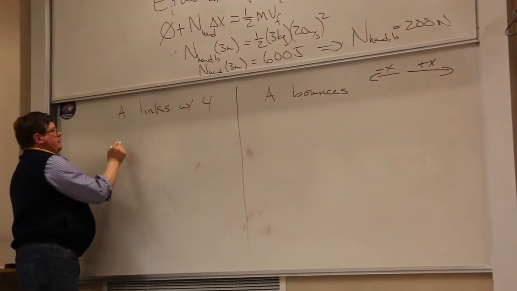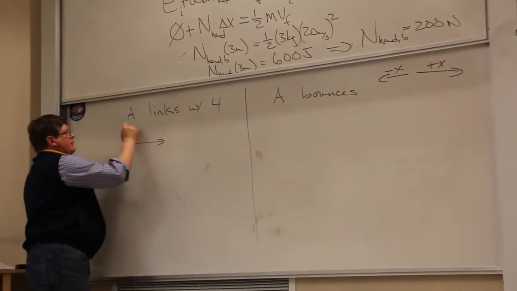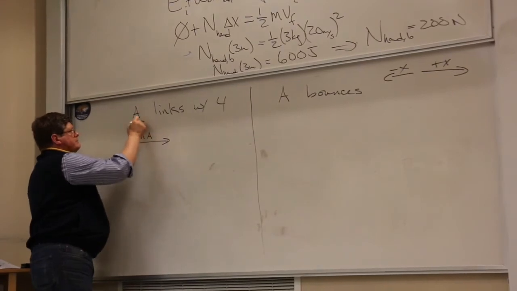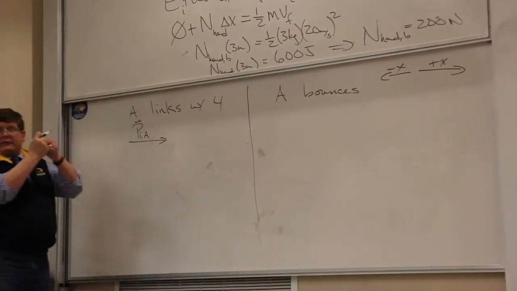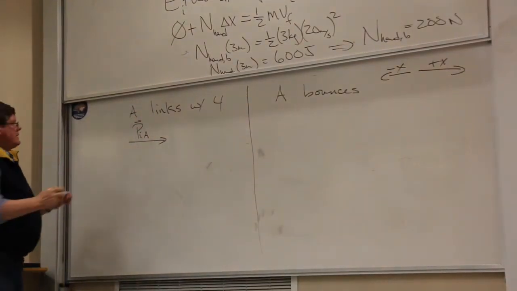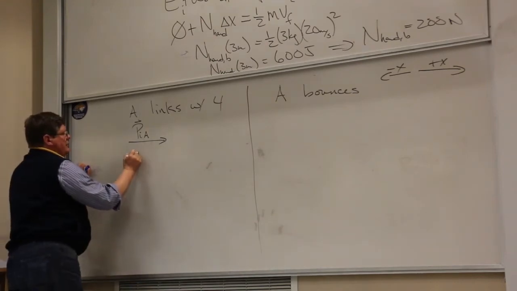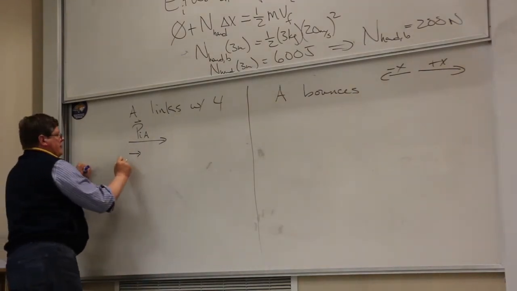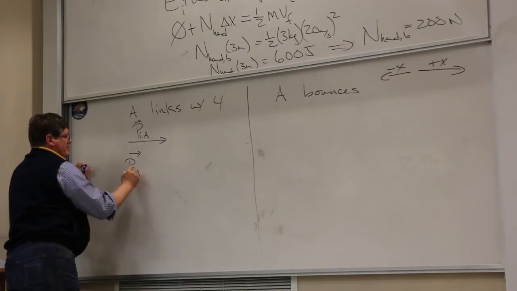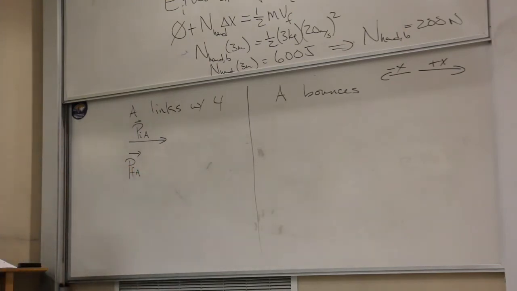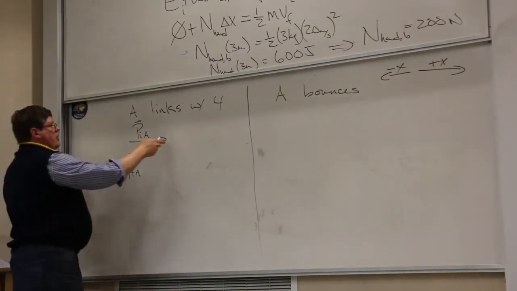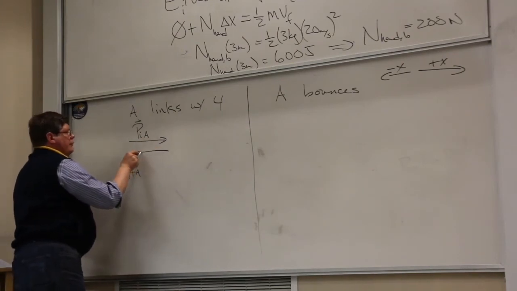If A links with the 4, it comes in with a certain momentum, and it links and still moves to the right, so A still has momentum to the right, just not as much. Now the change in momentum is what I have to add this long vector to turn it into a short vector.